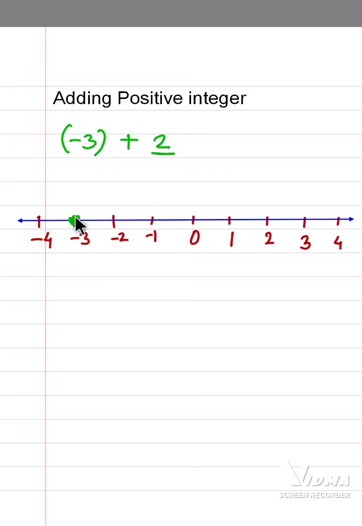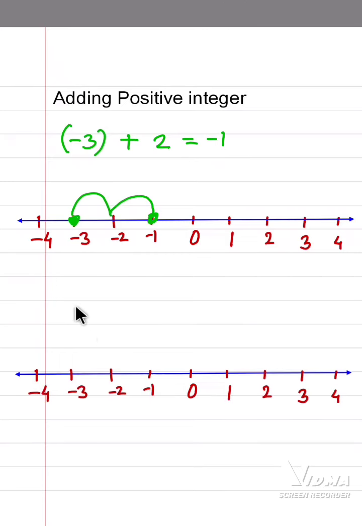So look at how it happens: from -3, 1 step and 2 steps. And look where we are reaching now. We are at -1. So when you add -3 with +2, we reach -1. This addition gives us -1.